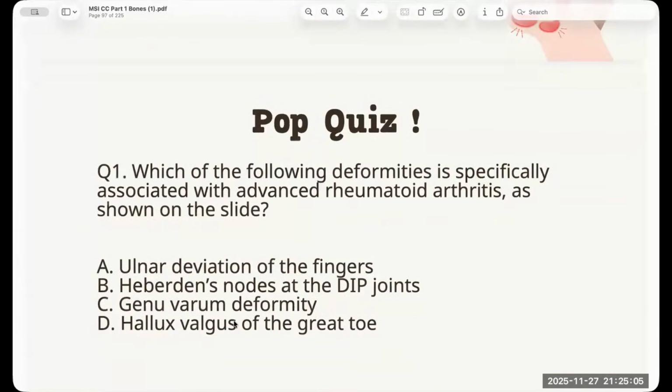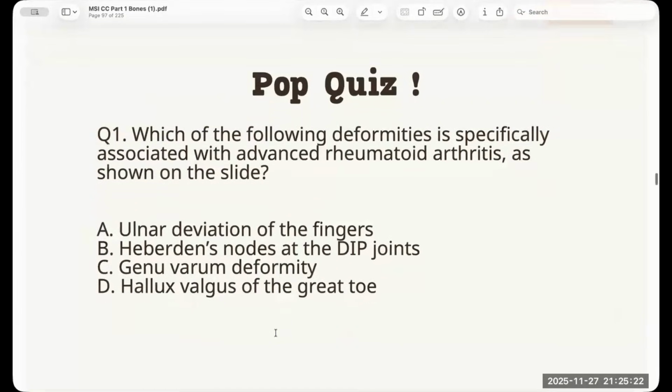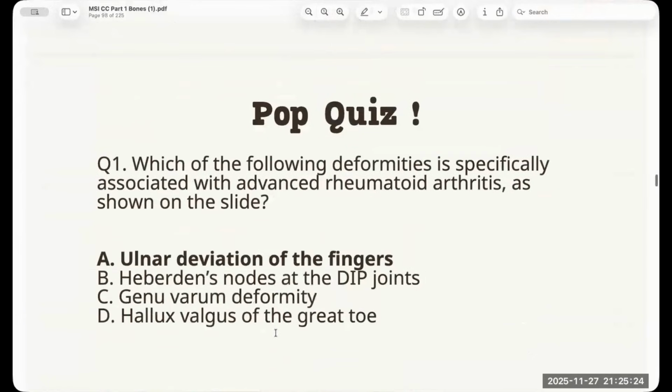With that, we end the lecture of pathology on joint diseases. So, which of the following deformities is specifically associated with advanced rheumatoid arthritis, as shown on the slide? I'm gonna give you guys a minute. Okay.